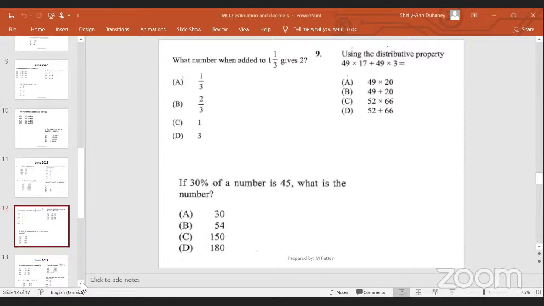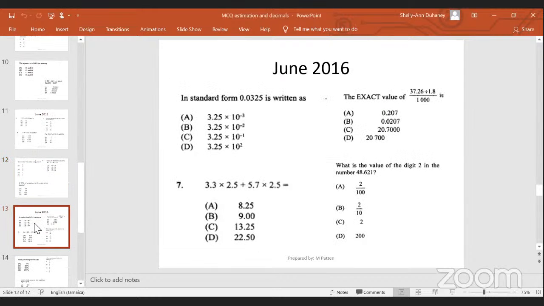We know that 30% equals 45. So 90% would equal 45 times 3, which equals 135. Because 90 is 30 times 3, so 90% would end up being 135.